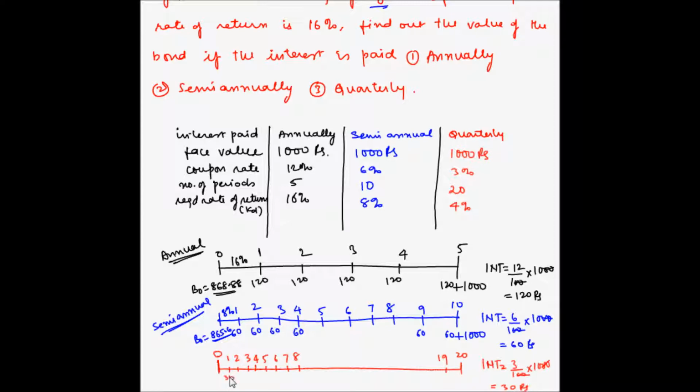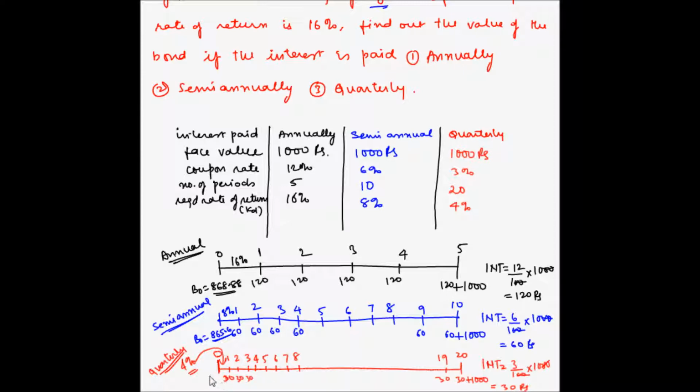So at the end of each quarter, the interest payment will be 30 rupees. And of course, at the end of the tenure, the maturity value will be given to the investor, which will be 1000 rupees. The value of KD is 4%. So this is quarterly.